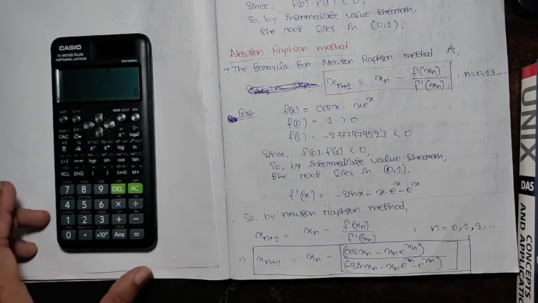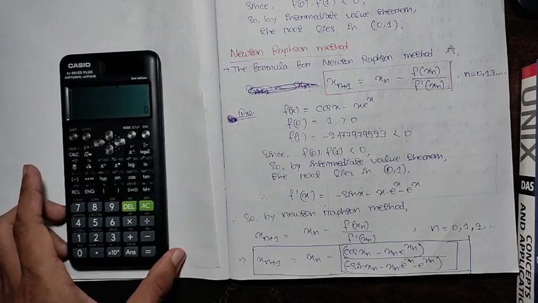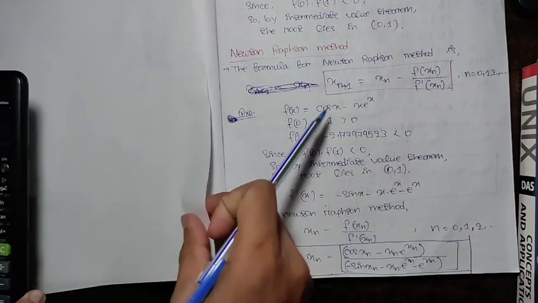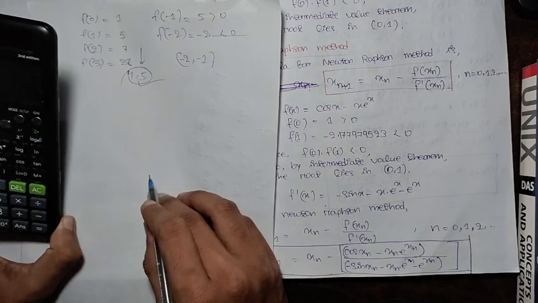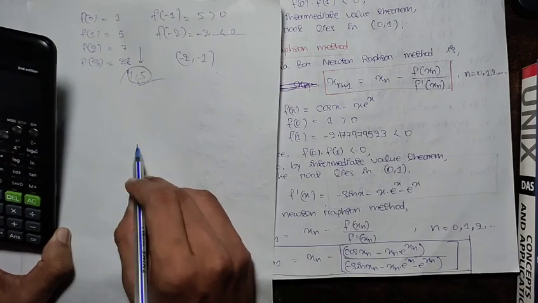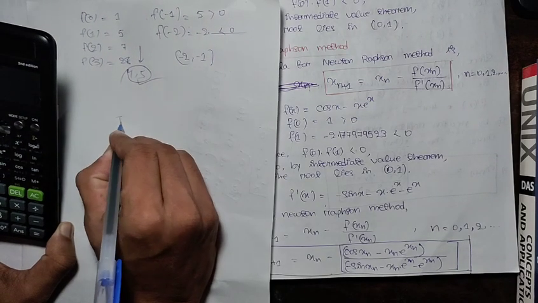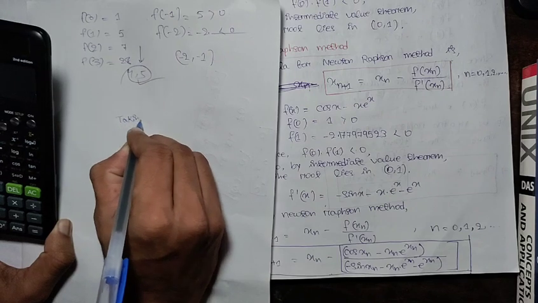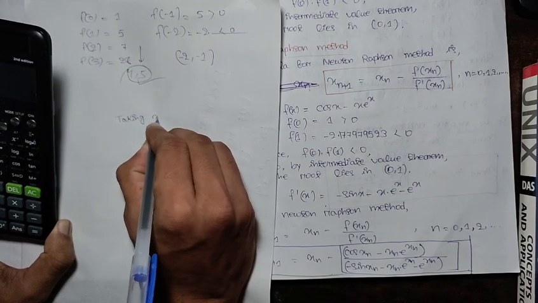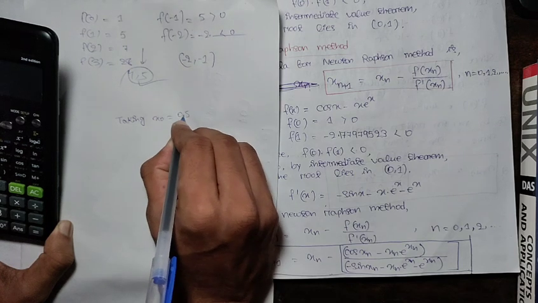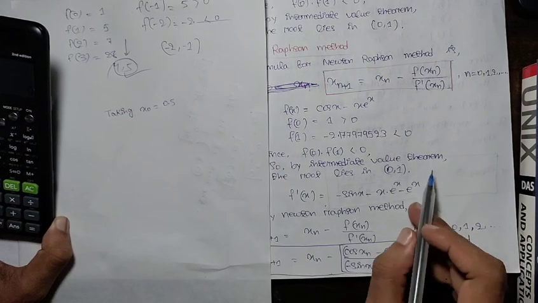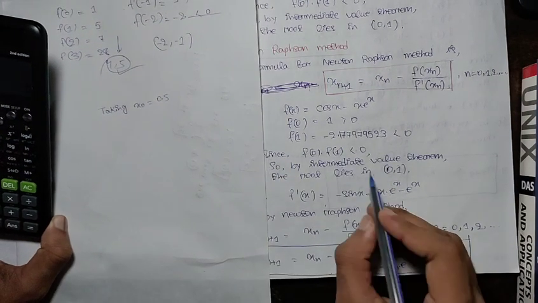Why I should tell you now. So see here, now I will be able to find the root. Now taking x0 equal to 0.5, you can take it as, what is the interval of this?